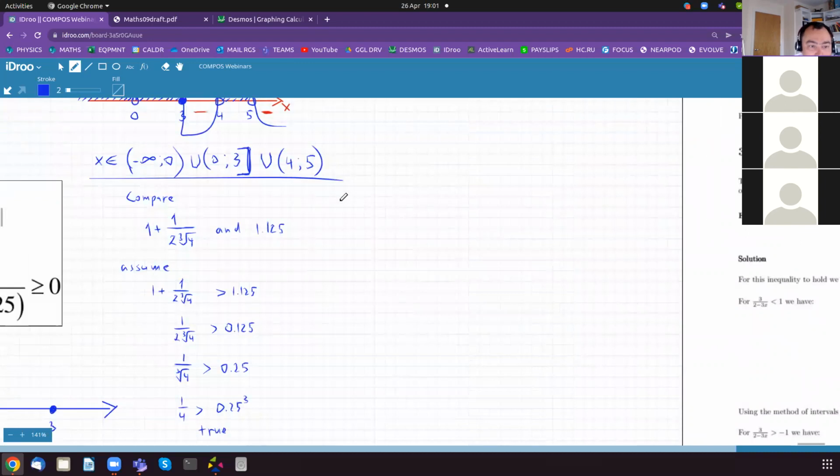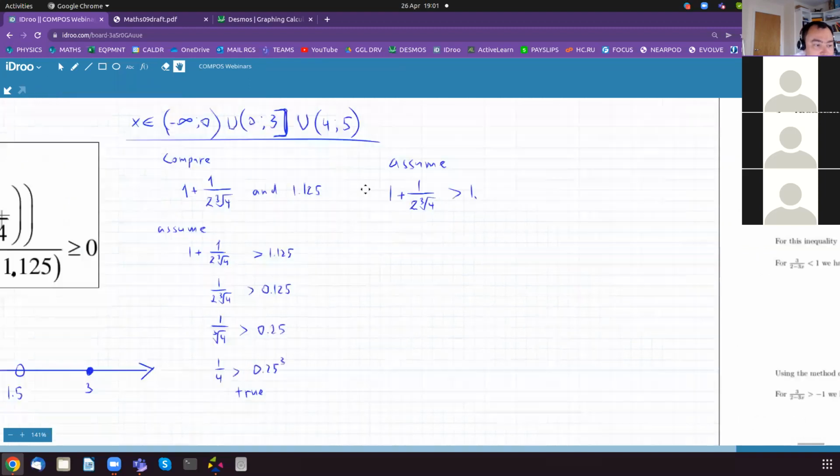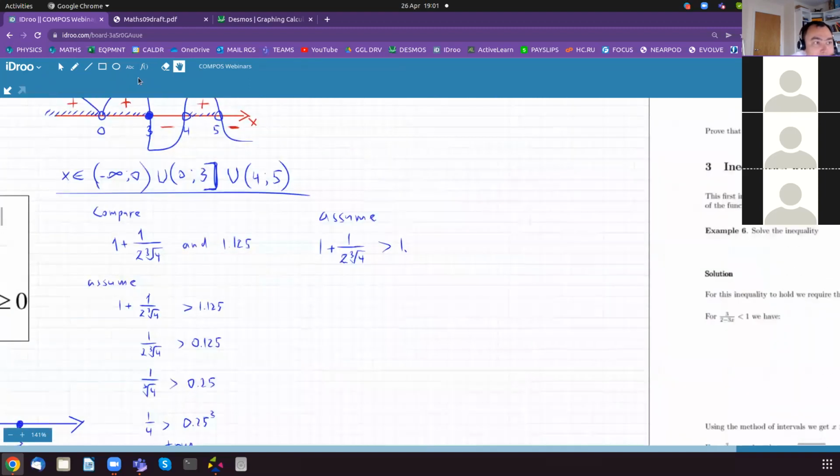Compare 1 plus 1 over 2 cube root of 4, and I'll assume it is greater than 1.25.